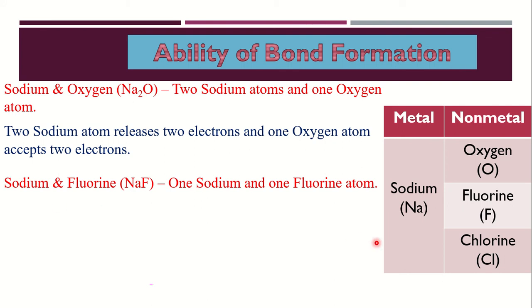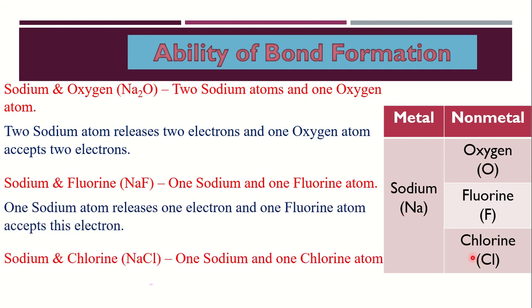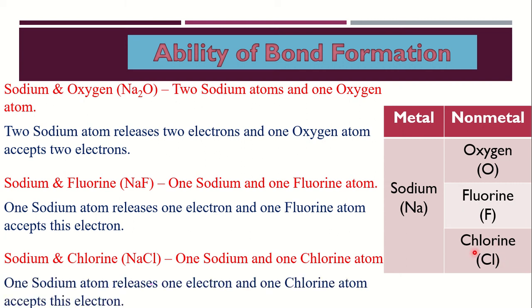Sodium and fluorine make sodium fluoride, NaF, where one sodium atom and one fluorine atom are present. Sodium can make compound with chlorine also, formula sodium chloride, NaCl. Here also one sodium atom and one chlorine atom make this bond.